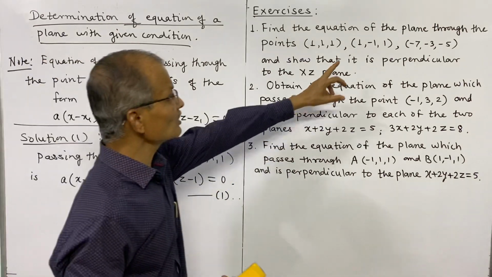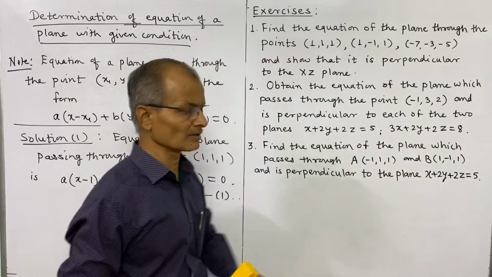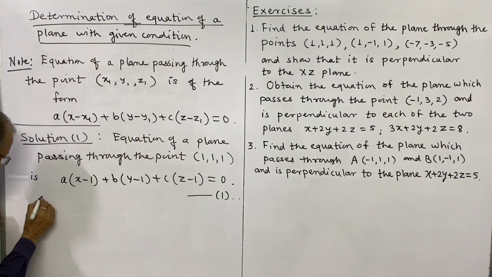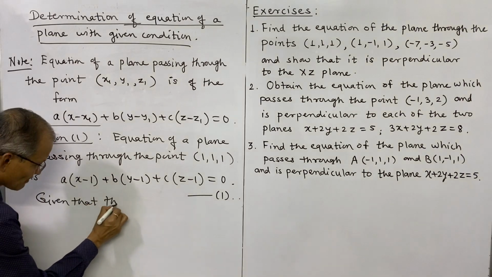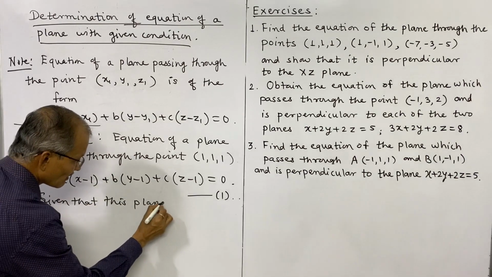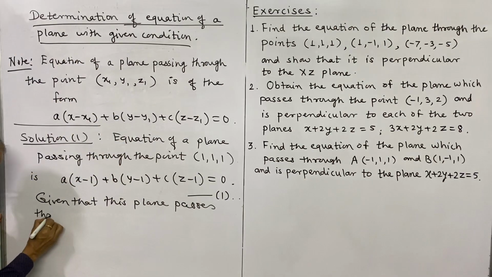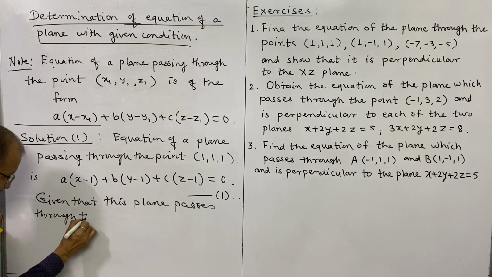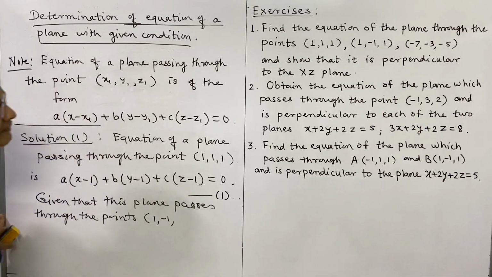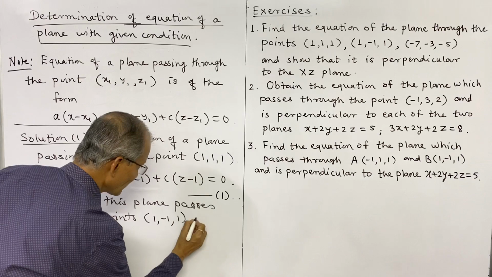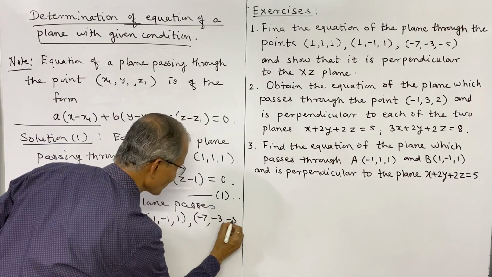Again 2 more conditions are given that the same plane passes through the second point and the third point also. So given that this plane passes through the points. So the next points are 1, minus 1, 1 and next minus 7, minus 3, minus 5.